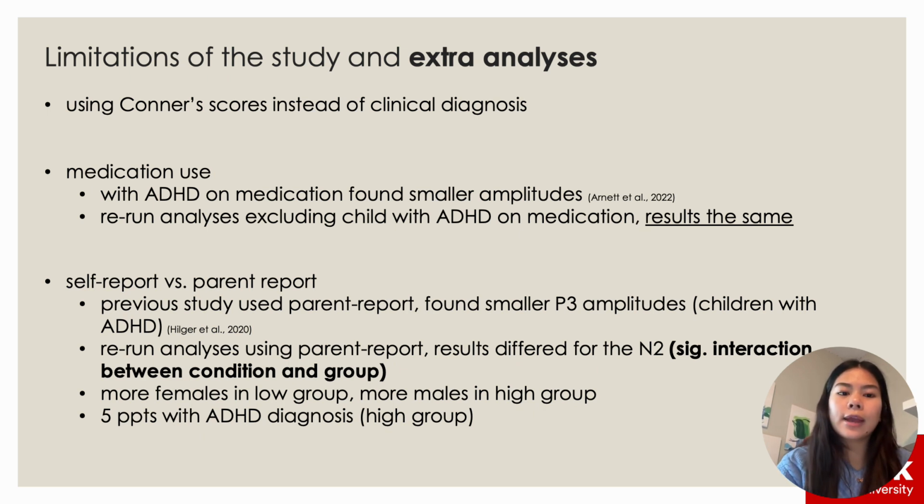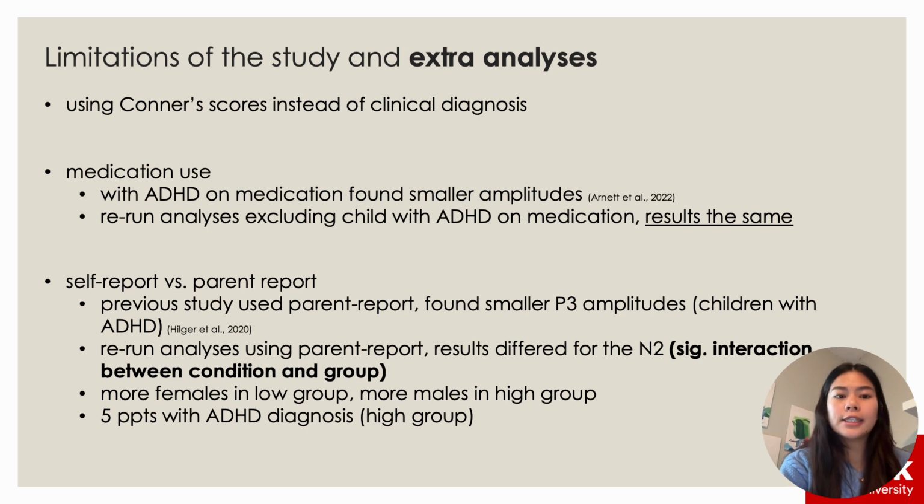Because of this, I reran my analysis to exclude that child, and I actually found that the results were the same. Perhaps this was because only one child was excluded, and so that did not change the results that much compared to if more children were excluded because of medication. But that's something to really look into moving forward.